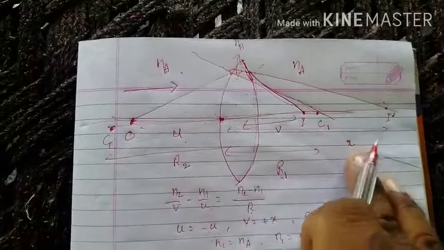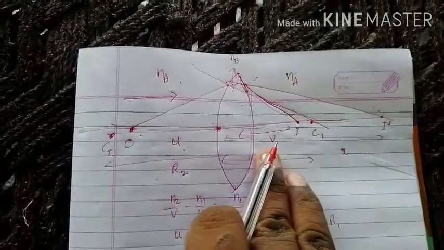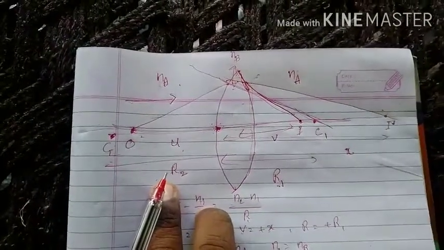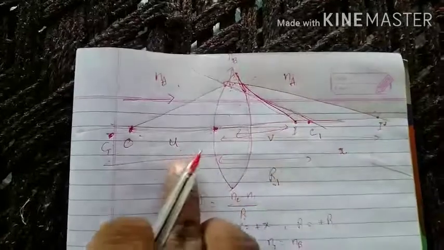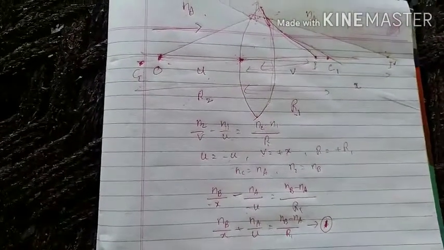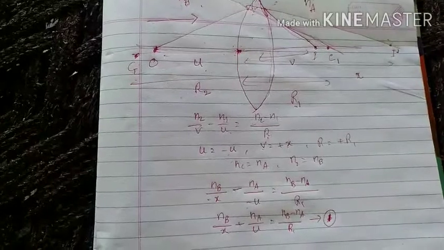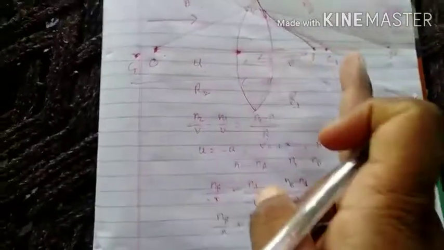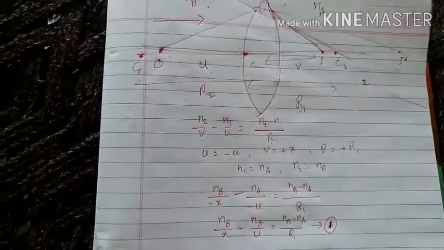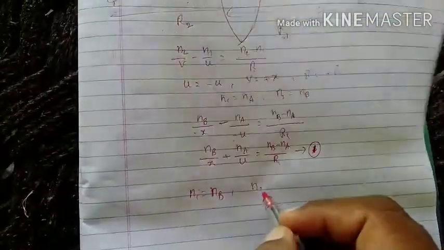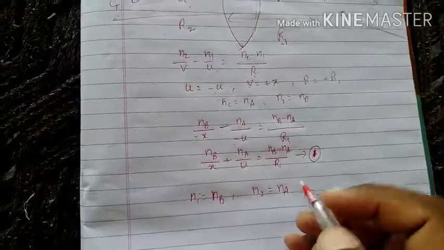Now what is going to happen? Image at X has been shifted to V, with radius of curvature R2. For these three, let us take the sign convention. You see, the light propagation is from NB to NA. That means here N1 is going to be called NB, N2 is going to be called NA.